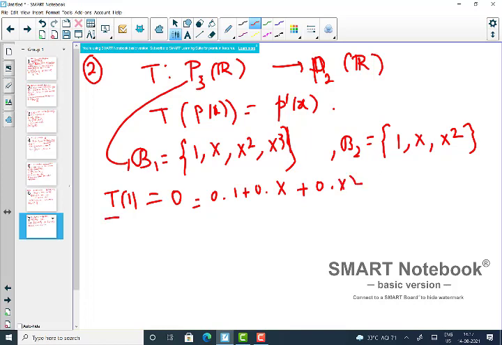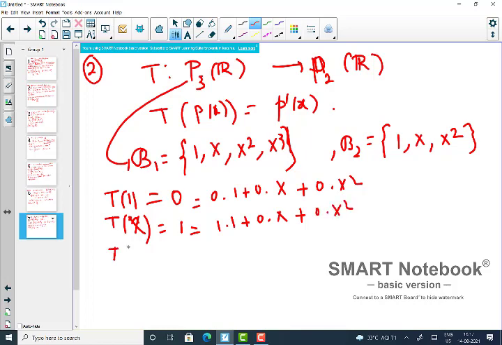Similarly, the image of T of x will be 1, and that is nothing but 1 times 1 plus 0 times x plus 0 times x squared, right?